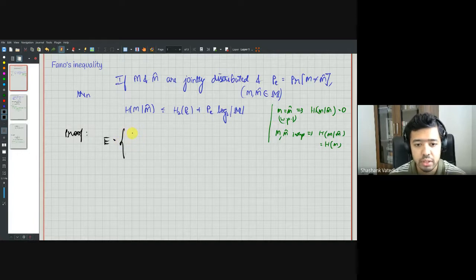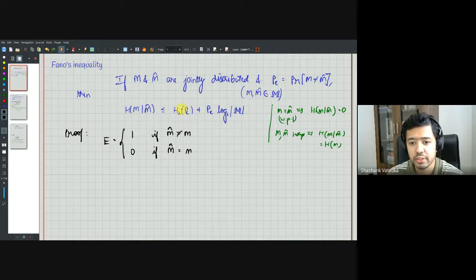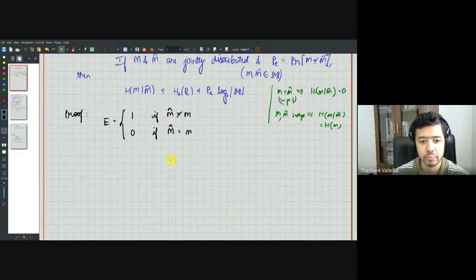So the error random variable is 1 if M hat is not equal to M, and 0 if M hat is equal to M. Because ultimately we want to get this probability of error somehow. This error random variable tells us whether the estimate is erroneous or equal to the actual M.